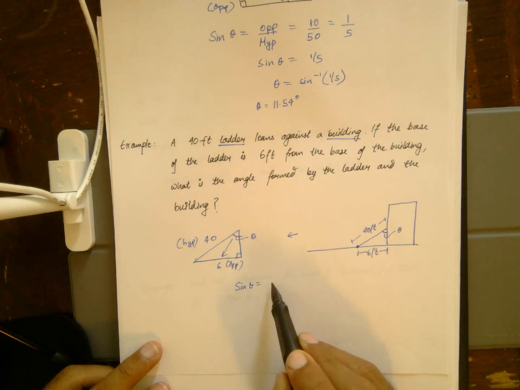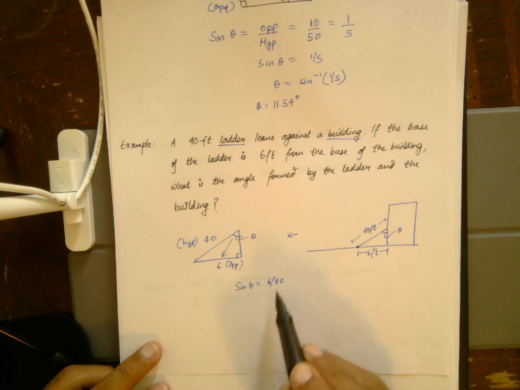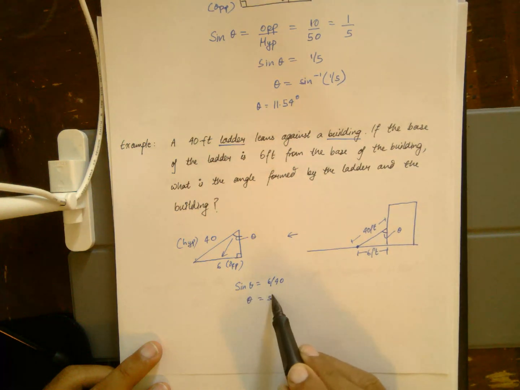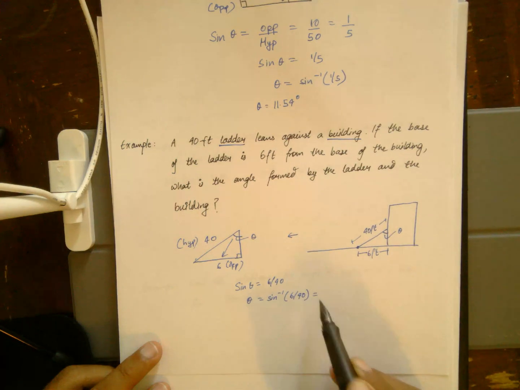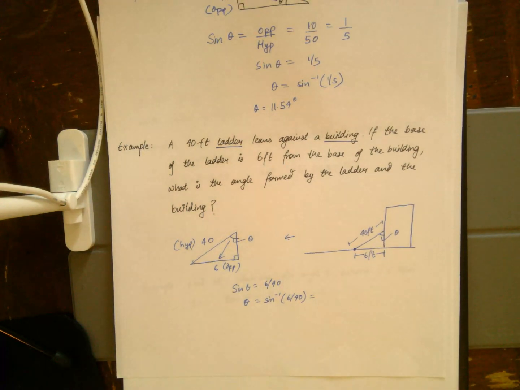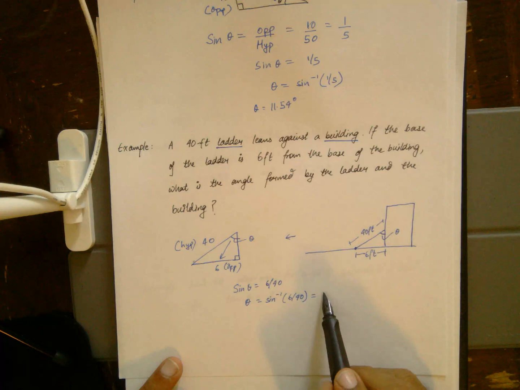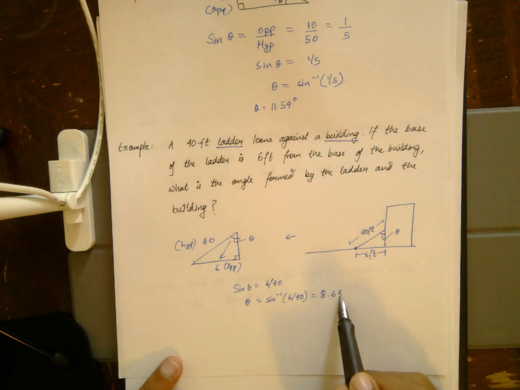In this case, sine theta is 6 over 40. So theta is arcsine or sine inverse of 6 over 40, which you can plug in to get 8.63. So this comes out to 8.63 degrees.